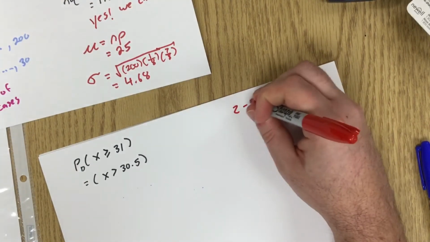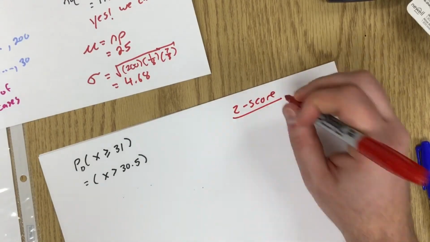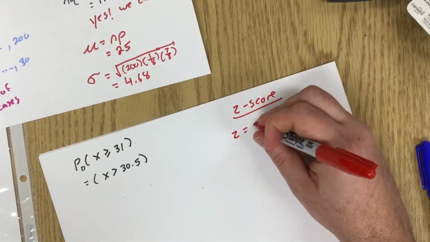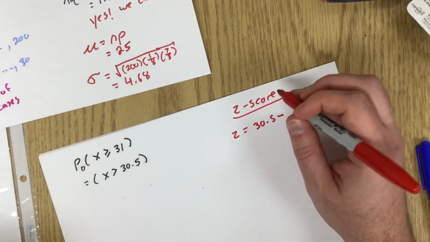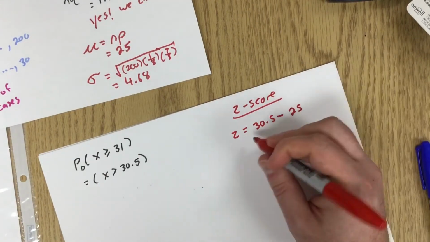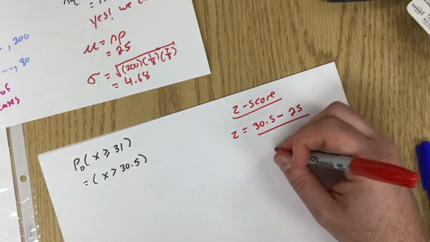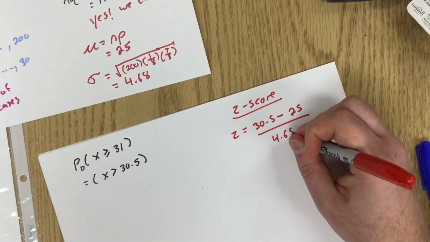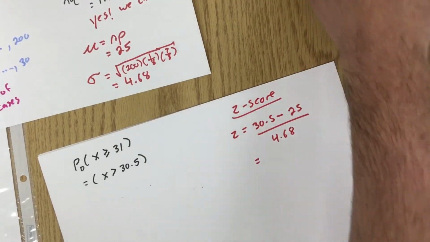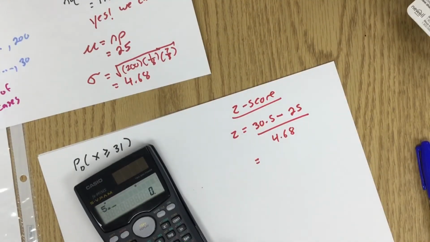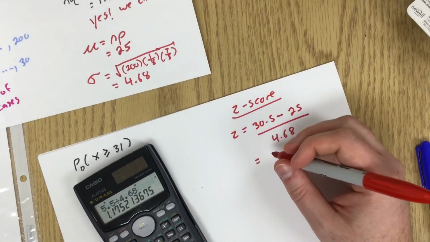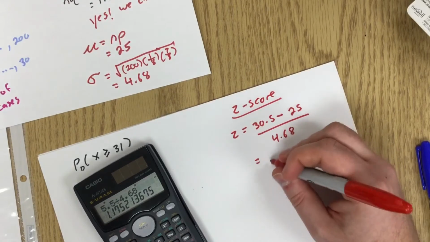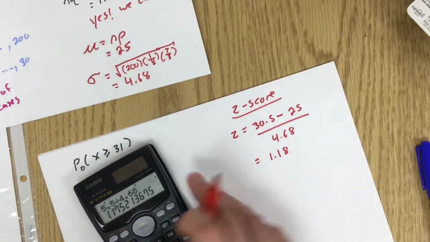So the z-score is going to be our x value minus the mean, which we know is 25, divided by the standard deviation, which based on the approximation is 4.68. So 5.5 divided by 4.68 gives us 1.175, so about 1.18.